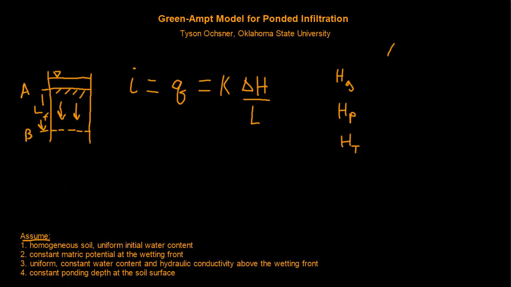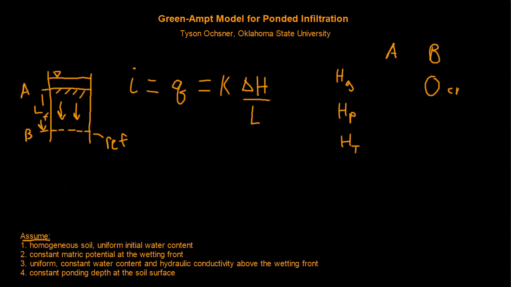Okay? So I'd like to fill out this table. For the columns of our table, we'll label point A and point B. And now I want to specify, what is the gravitational head at point A? Well, I can't do that until I first specify a reference elevation. And so I'll specify the wetting front depth as our reference elevation, so that's at point B. So I know that at point B, I have a gravitational head of 0.